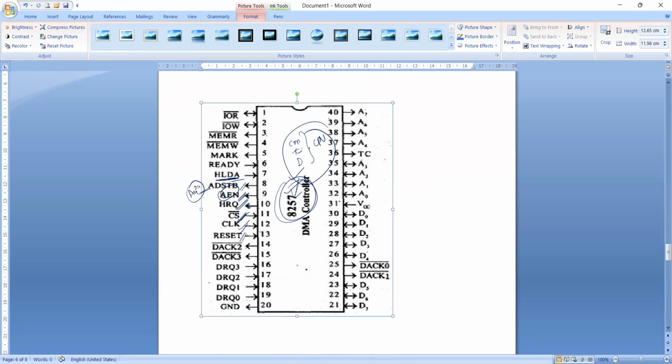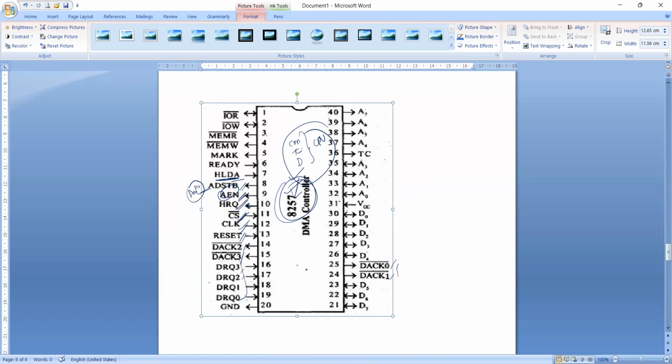The reset signal is used to reset all channels. And DMA acknowledgement lines DACK 0 to 3, which I already explained, and the four DRQ requests are sent from the external peripheral devices to the 8257.